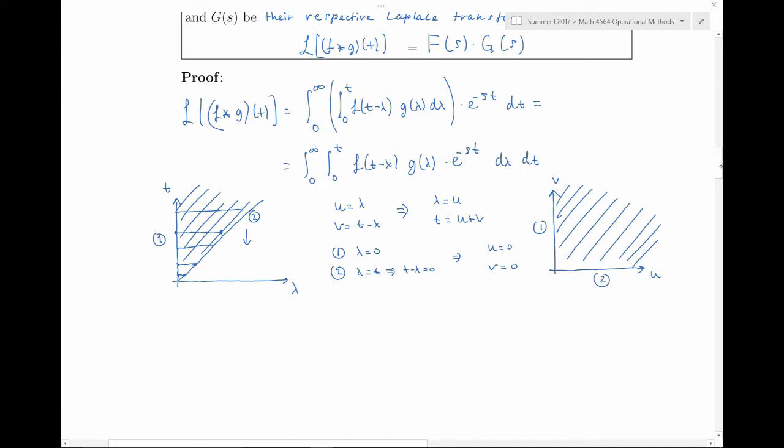Change of variables in multivariable calculus involves computation of a Jacobian, which is the determinant of the matrix d lambda du, d lambda dv, dt du, and dt dv.